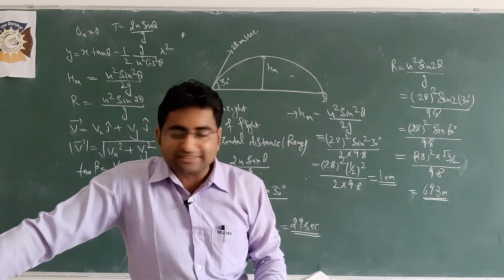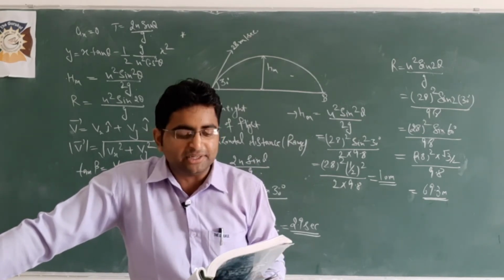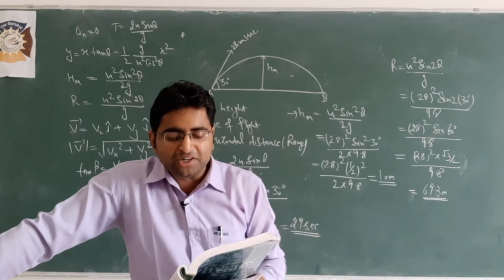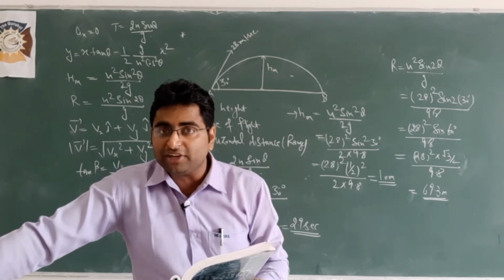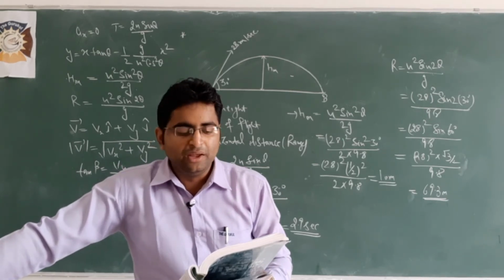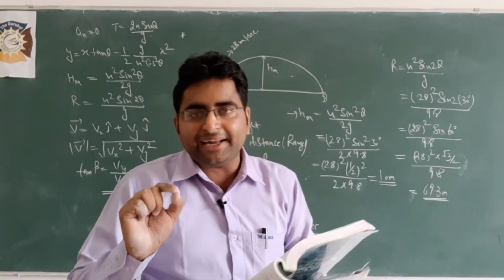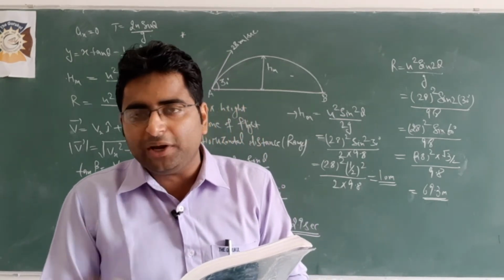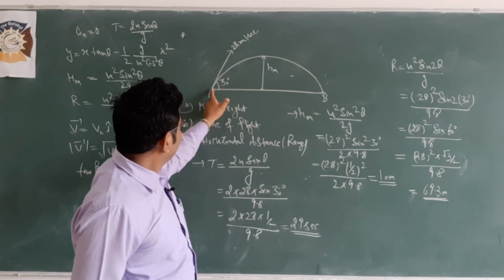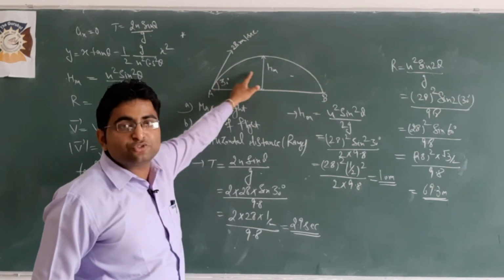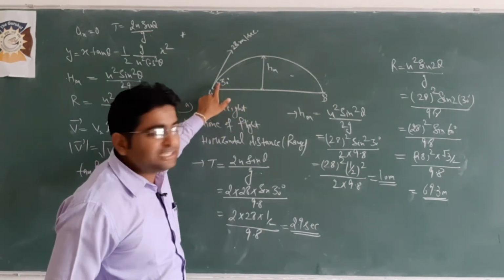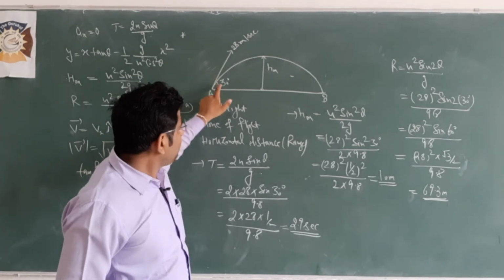After that, the maximum height is given as 10 meter. We have to calculate the angle at which the projectile is fired. So beta, in this question range and height are given to us and we have to calculate the angle with which the projectile is fired. It means angle theta is to be calculated.